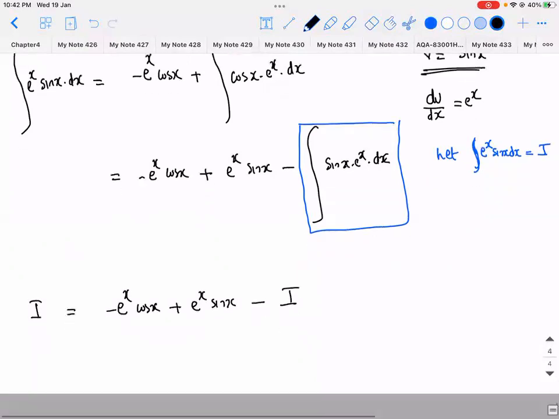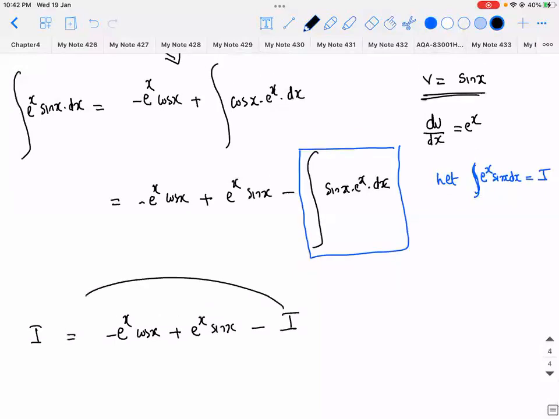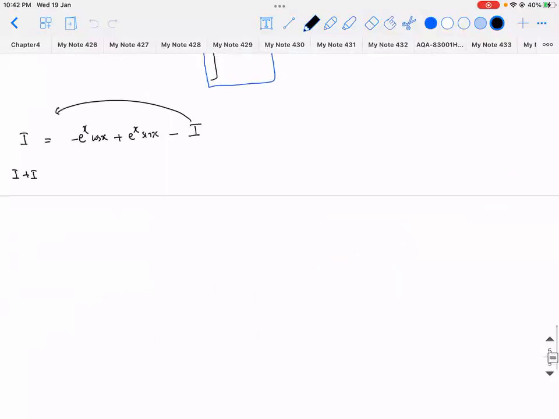Now if we bring this minus I to this side, I plus I becomes 2I, right?